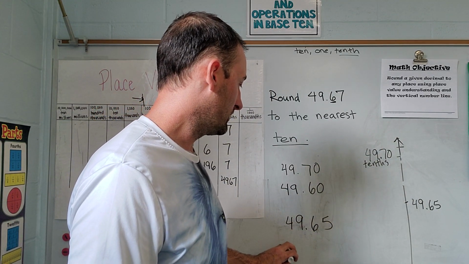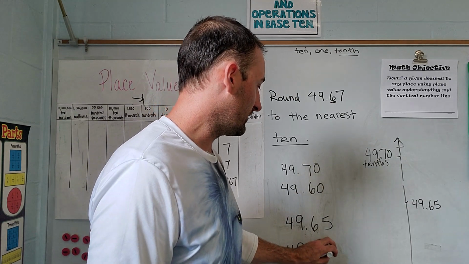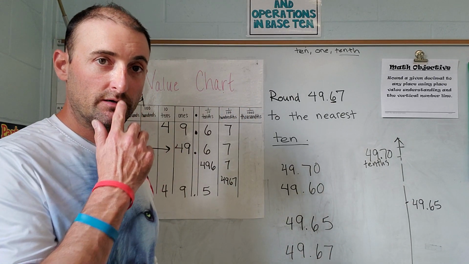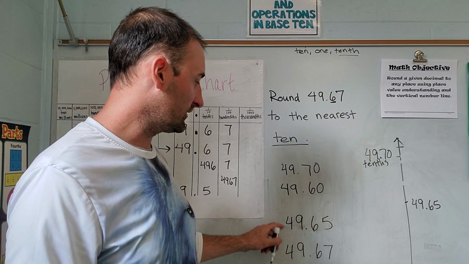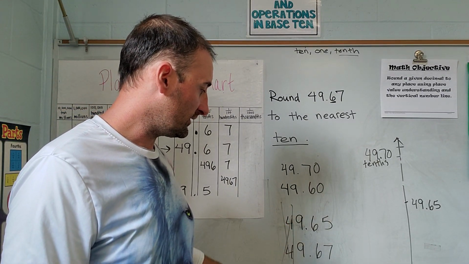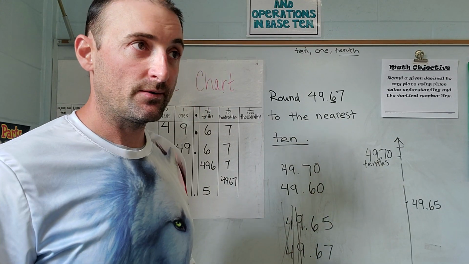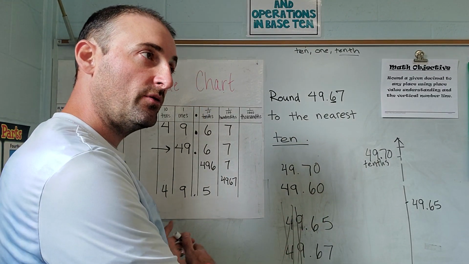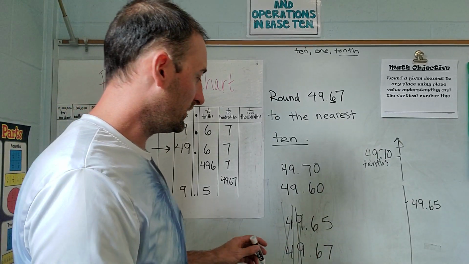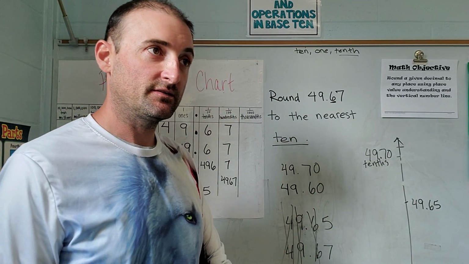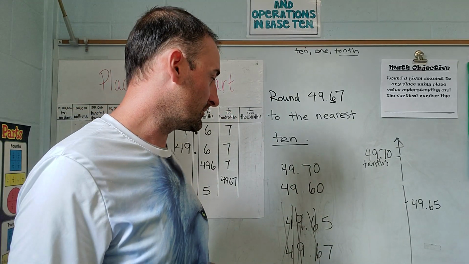49.65. 49.67. I don't even need to make a place value chart now. We're getting more and more comfortable with this. The 4s, they're the same. Same value. They both have 4 tens. They both have 9 ones. Let's keep moving as we go from left to right, from larger to smaller place value. They both have a 6 in the tenths place. These numbers are very close.